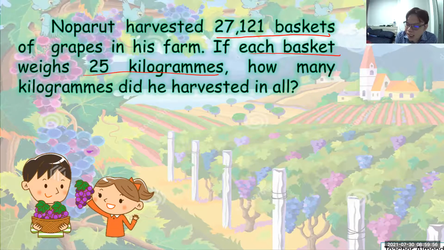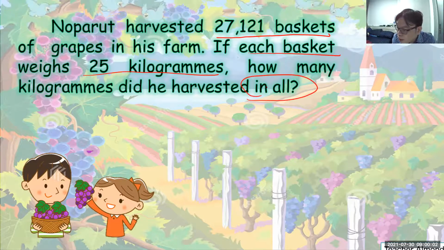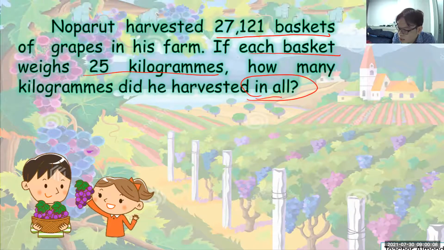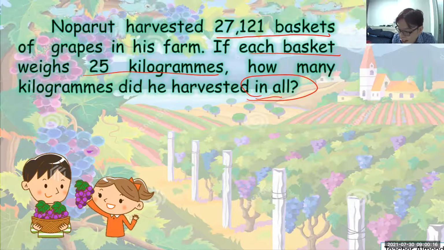So how many kilograms did he harvest in all? Remember, I told you last time, when you do your addition, you look for the keywords: in all, altogether, in total. Those are addition. But you have to remember if that addition integrates multiplication.